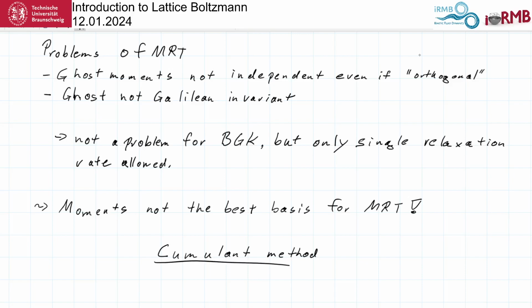Okay, so we have not talked about what cumulants are, but we'll now think about what our variables should actually be, what do we demand from our variables, yeah? So we have these observable variables in the MRT method that are the moments. Now we have seen that they have problems with independence between each other, and they have problems with Galilean invariance.